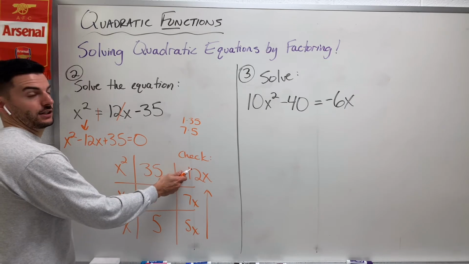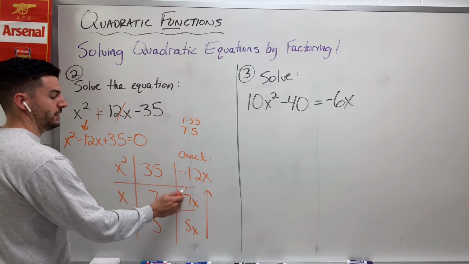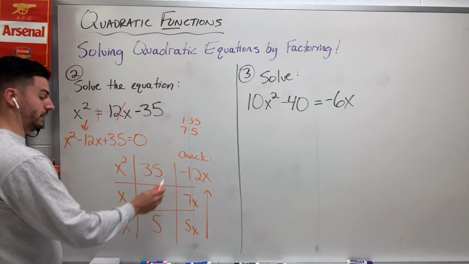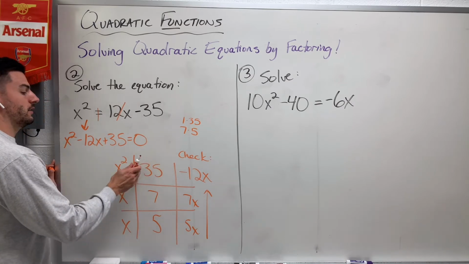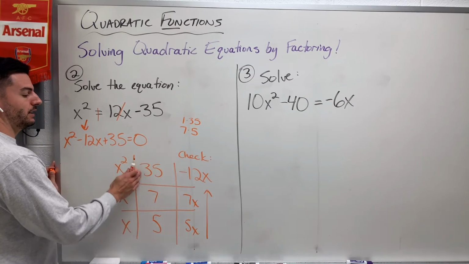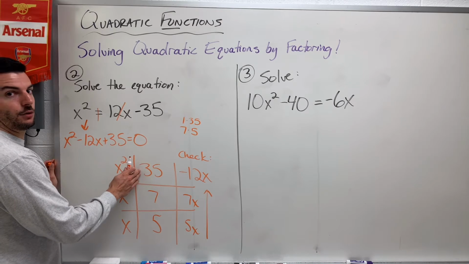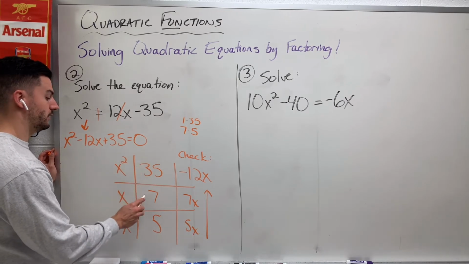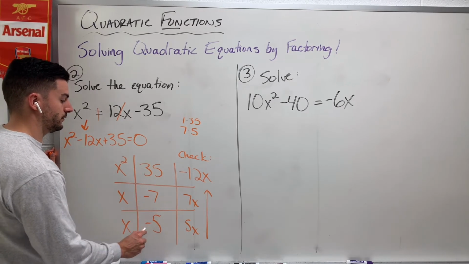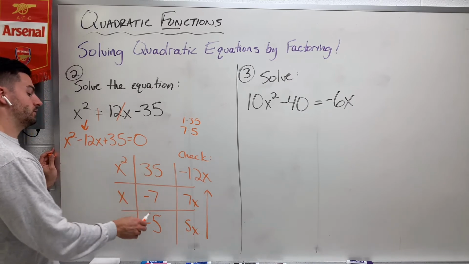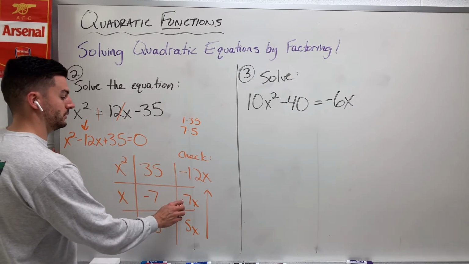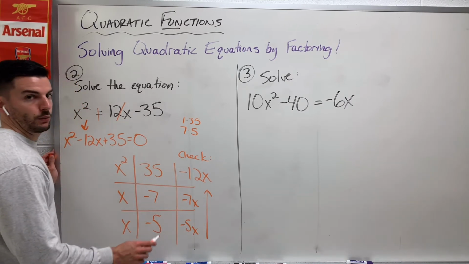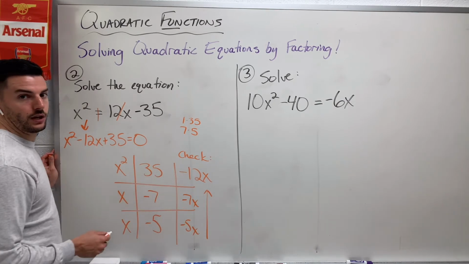Again, it's a negative here, which means these two would have to add to be a negative, right? And again, don't forget, positive times a positive aren't the only things that can multiply to give you a positive answer, right? Couldn't you also do a negative times a negative equals a positive? So negative 5 and negative 7 still equals positive 35, but when you add them, it equals negative 12.